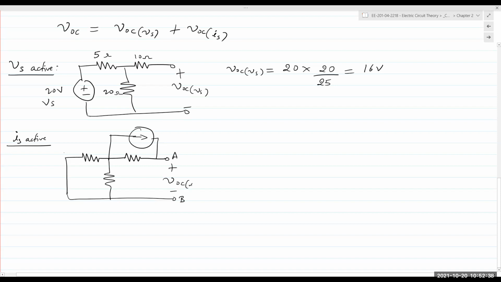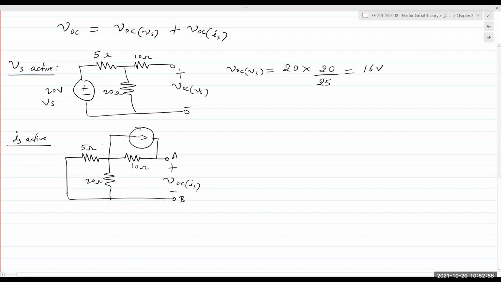I want to find VOC due to IS. What can we say about the relationship between 5 and 20? They're in parallel, right? Because of the short right here, 5 and 20 are in parallel. So I reduce them to one single resistor.